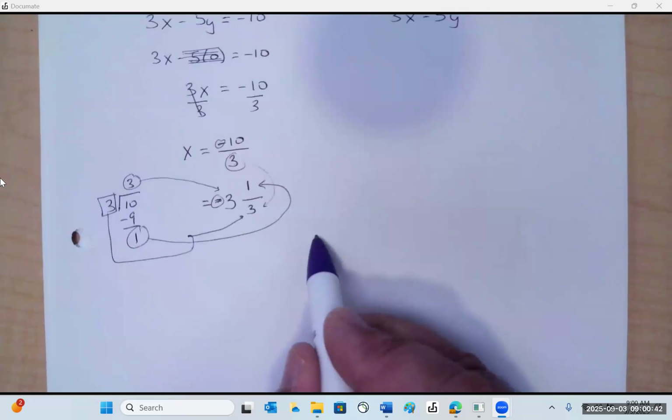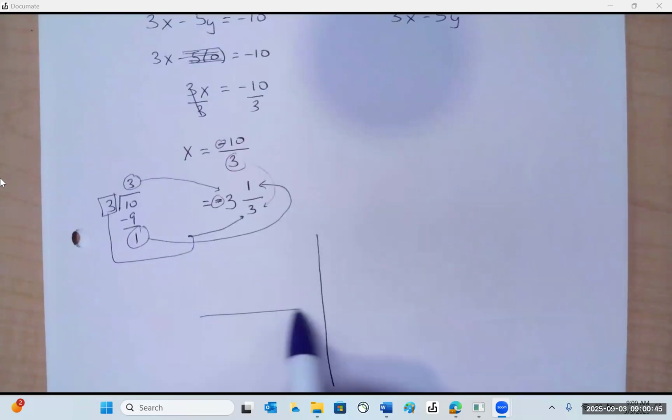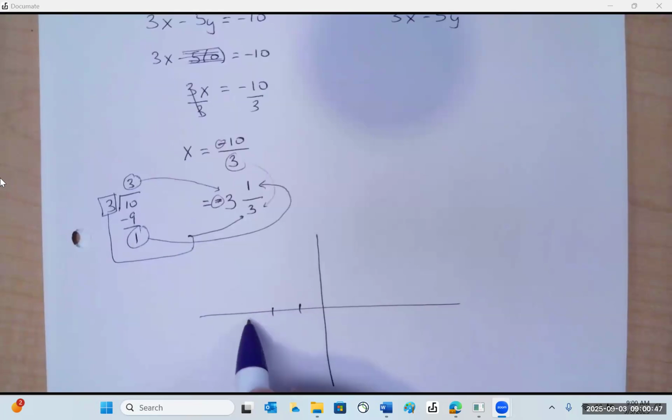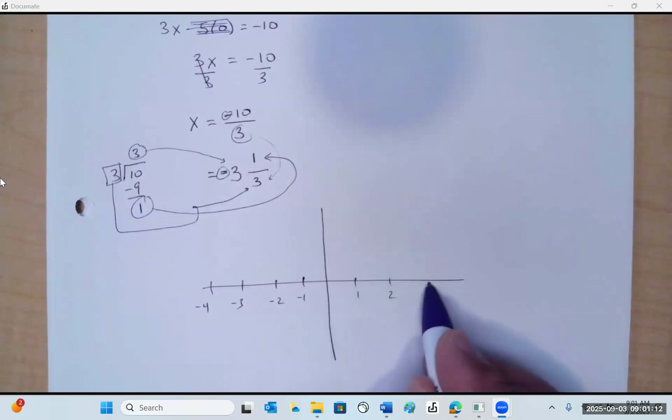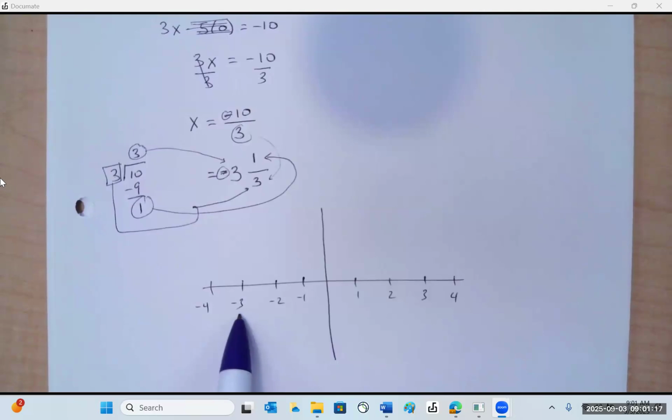So the problem we have with that, where exactly is negative 3 1/3? Where is negative 3 1/3? Is it to the left or to the right of negative 3?